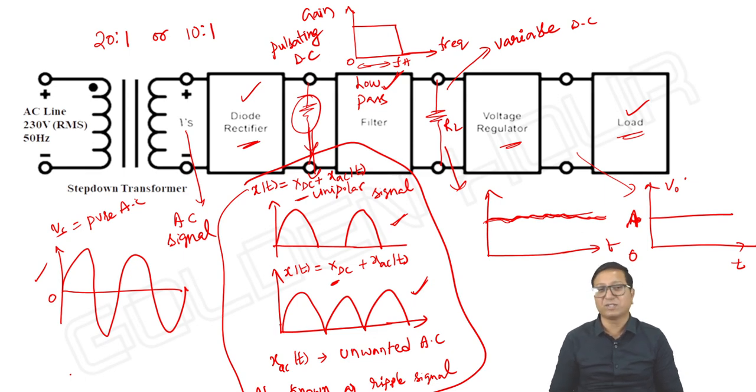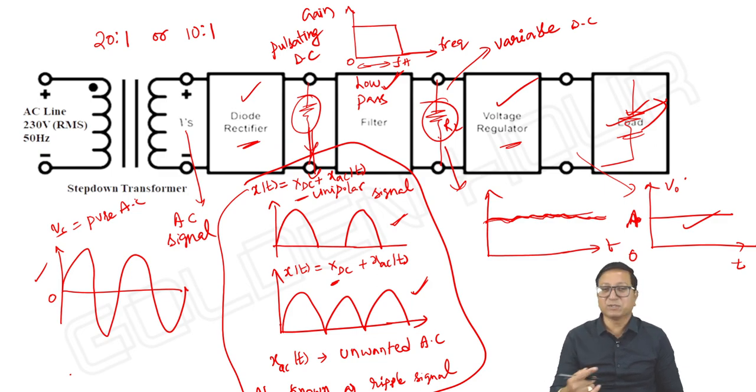We will be analyzing the capacitive filter and inductive filter, with some parameters and circuits. Next, that is the second case. Instead of connecting RL after the filter, we will connect it after the voltage regulator; this is our load. So how does the regulator give a constant output voltage independent of variations in the input and independent of variations in the load resistor value? We will check that as well. These are the various things.